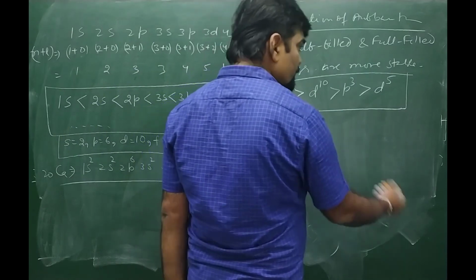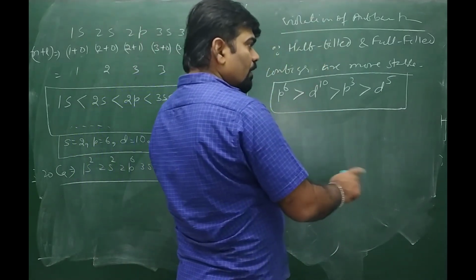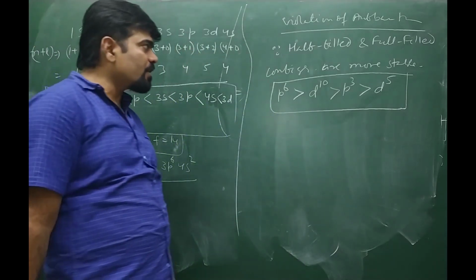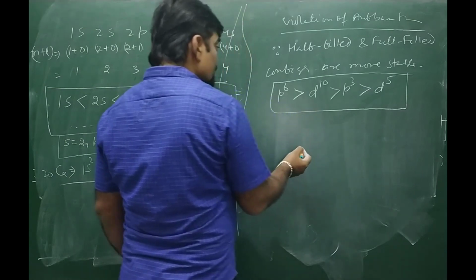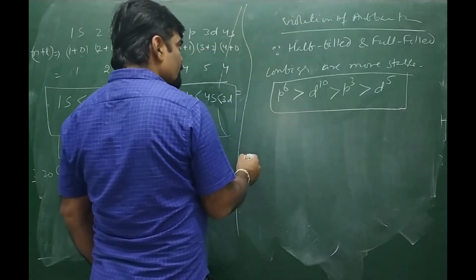Therefore, to get this configuration, electrons are exchanged between orbitals by using exchange energy, and to get the stability, they will have this type of configuration.